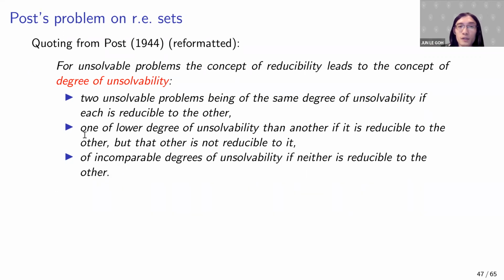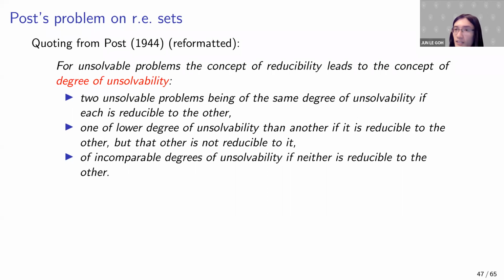It's definitely going to have lower degree of unsolvability than HTP, right? Because one of them is solvable and one of them is unsolvable. So the unsolvable one is more complicated, has higher degree. That would be the second scenario.